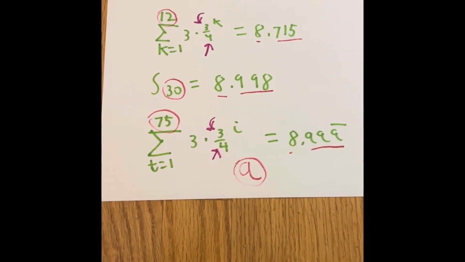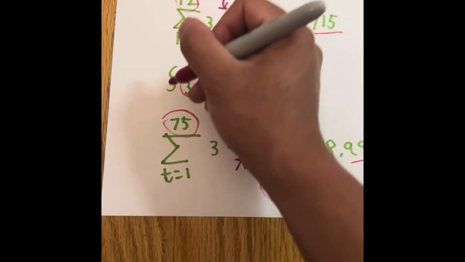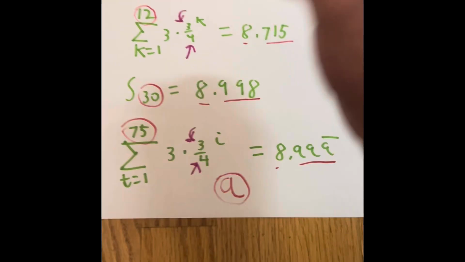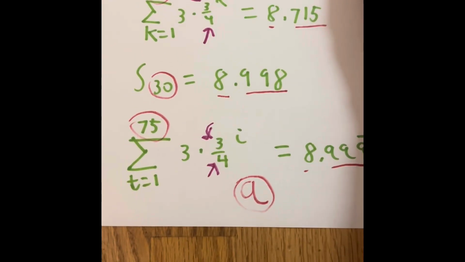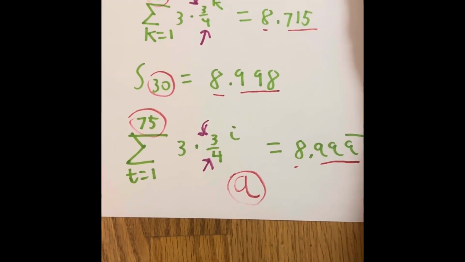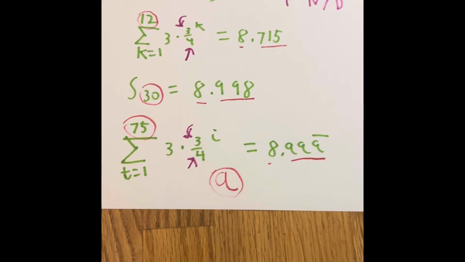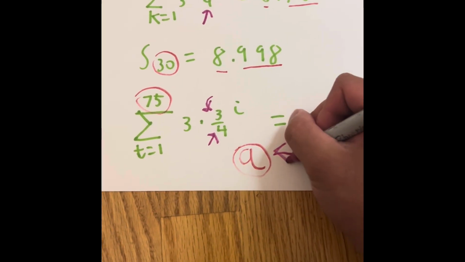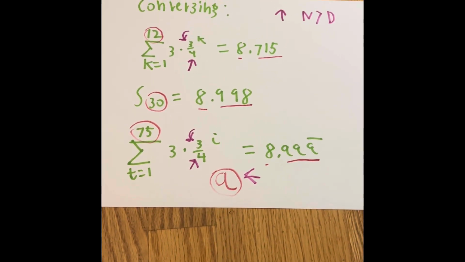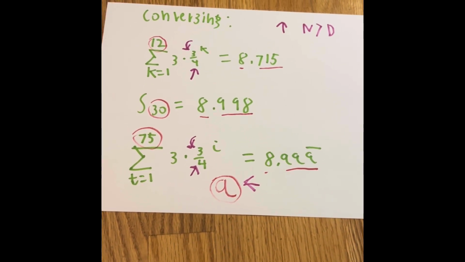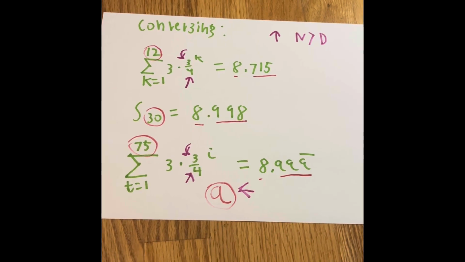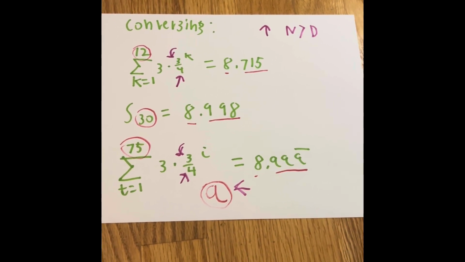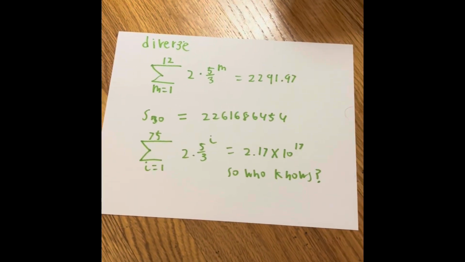So we can say that if the end is increasing, and the numerator is going to be less than the denominator, then there's a limit to some kind of whole number that the converging series is trying to get to, but it will never, ever get there. So that is converging. But what about the diverging series?